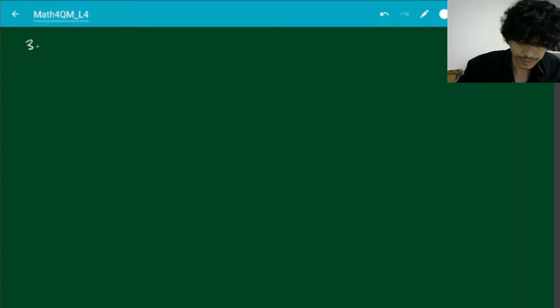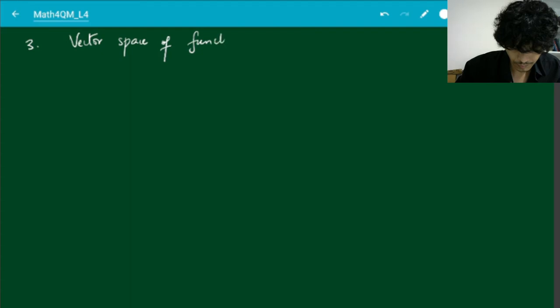So this is the third example. Let's step back a bit. If I'm taking the vector space of functions, and I'm going to define an operator. Suppose my operator is a derivative operator, d by dx.